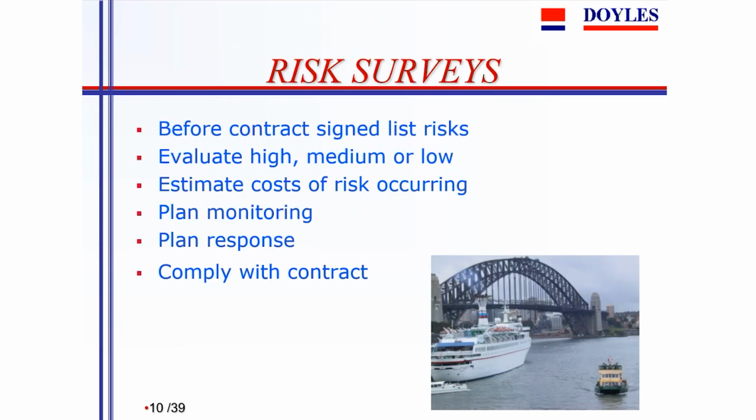what one should do before a contract's signed is to identify the risks in the contract. So one should list the risks that one will have. If one signs a contract to do a deep excavation in a city, for a city building, one needs to know, well, hang on, there's a problem of rock, it might be too hard to dig.